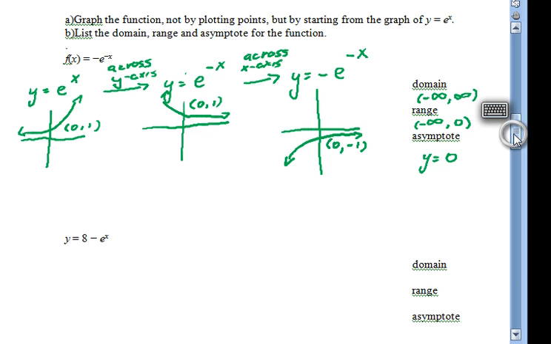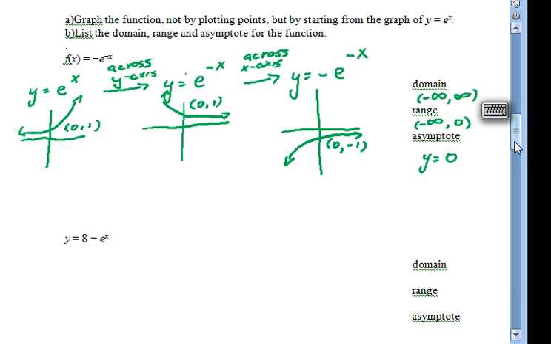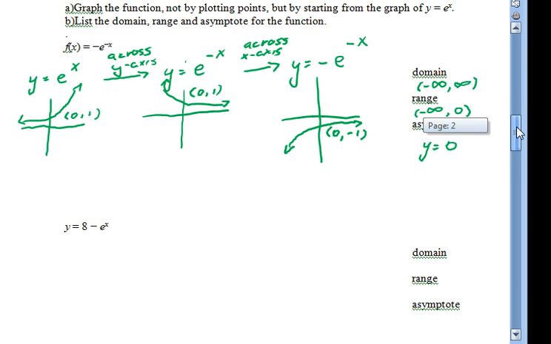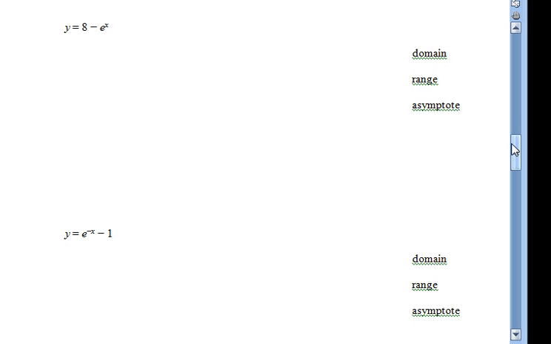So for our second example, we'll be looking at y equals 8 minus e to the x.